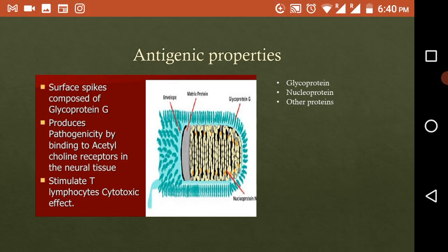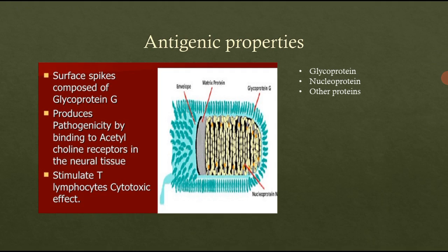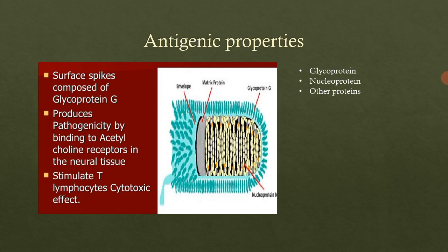Then the second antigen that is present is the nucleoprotein, that is, the nucleocapsid protein present in the nucleocapsid. Now it also has certain properties. Which are those properties? It induces complement fixing antibodies.